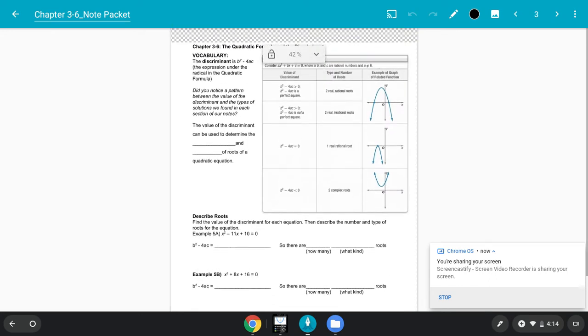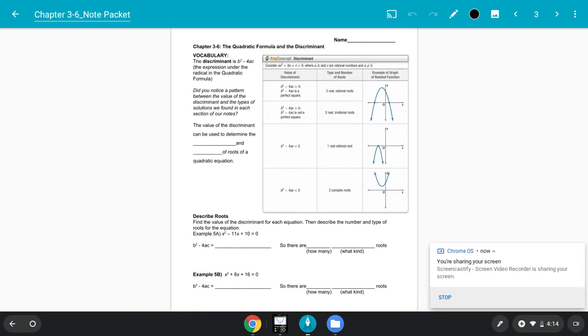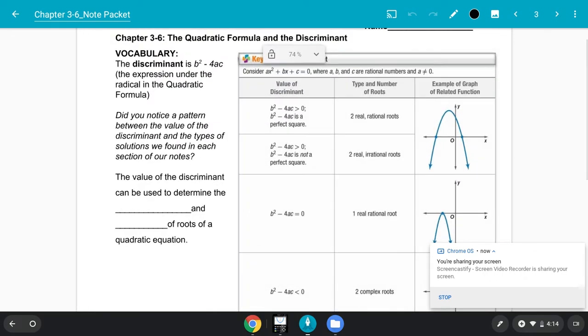All right, last little tidbit in 3.6 is to formalize the discriminant stuff. There are some pictures here, and it puts in one clean place what I was trying to explain, those patterns that you might have seen. So the discriminant is b squared minus 4ac. Again, this is the stuff that's inside the square root. Did you notice a pattern between the value of the discriminant and the types of solutions we found in each section of our notes?